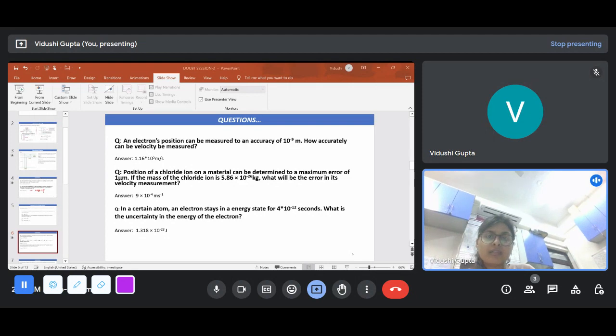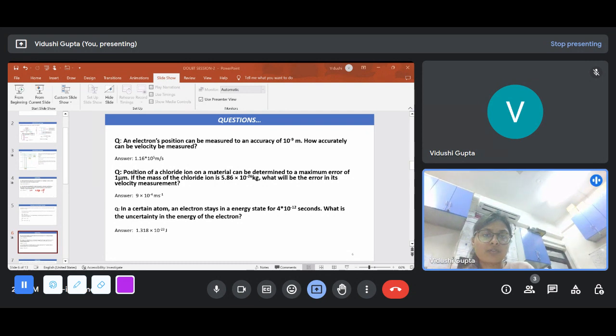So if you will substitute the values here, it will be 6.626 times 10 to the minus 34, then wavelength is 6328 Angstrom.